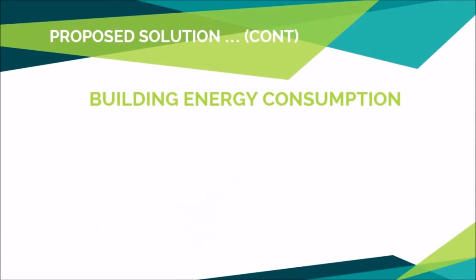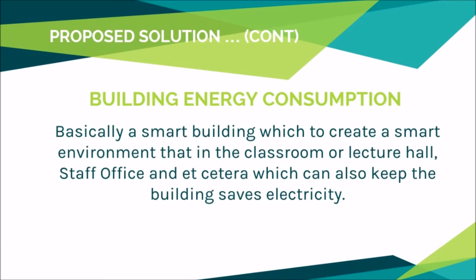Next, the third idea is building energy consumption. It is basically from a smart building, but we focus more on energy consumption. The goal of this subject is to create a smart environment in the classroom or lecture hall, staff office, and so on, which can also keep the building safe on electricity.